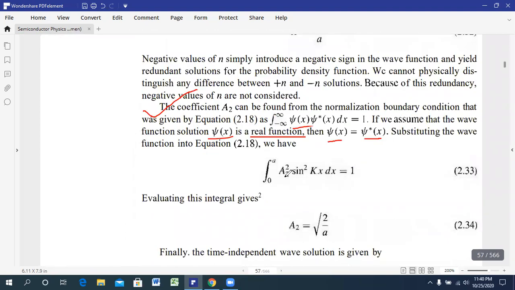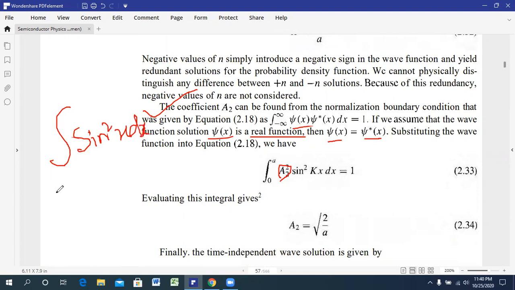If we integrate from 0 to a, then we know how to integrate. I think all of you know about these integrations from 0 to a. Since a2 is a constant, we will keep it outside. I think you know how to integrate sine square x dx.